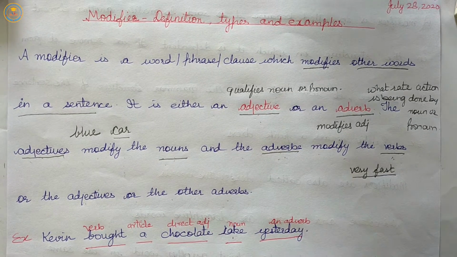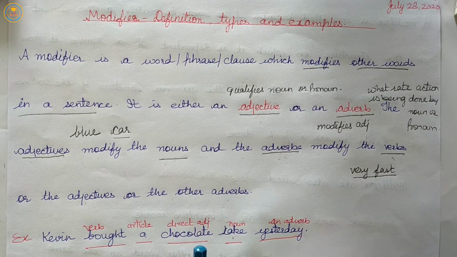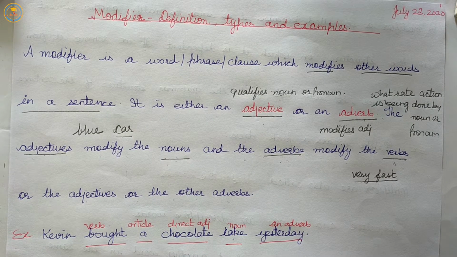Our example: Kevin bought a chocolate cake yesterday. In this sentence, you can easily find the different parts of speech, but our work here is to identify the modifiers.